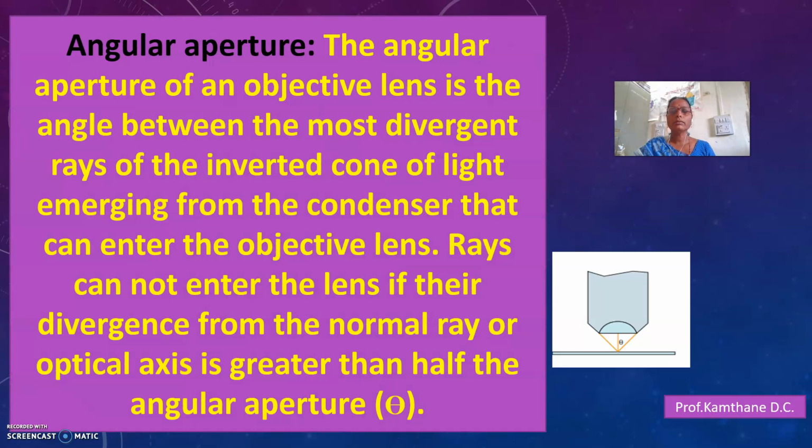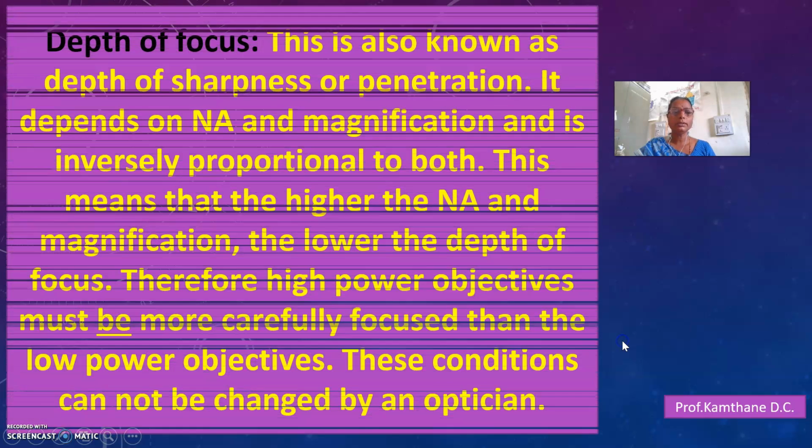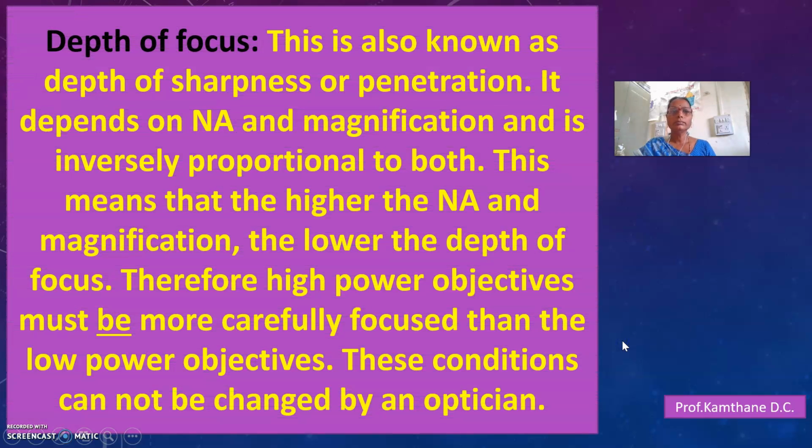Then we see what is angular aperture. This is the angular aperture, and half of this angular aperture is called theta. The angular aperture is the cone of most divergent rays of light coming from the condenser and passing through the object.